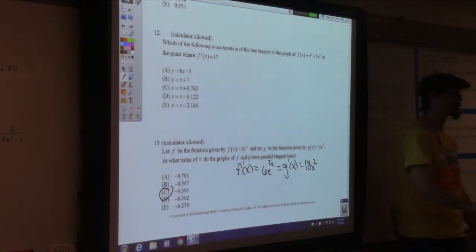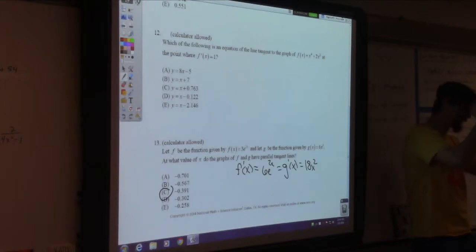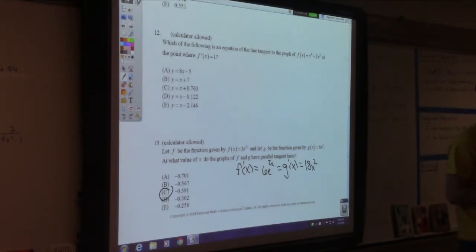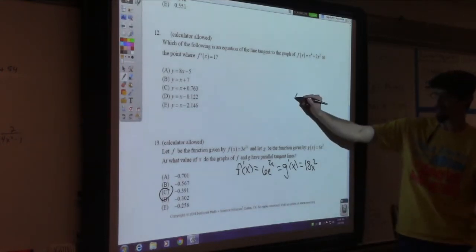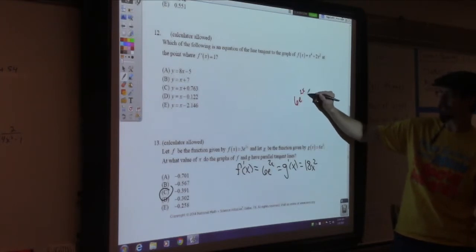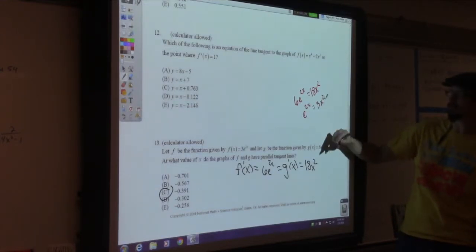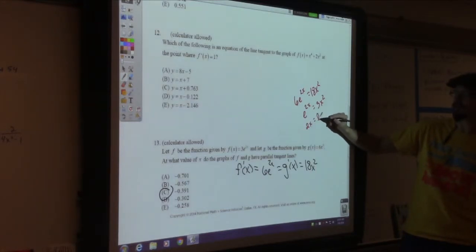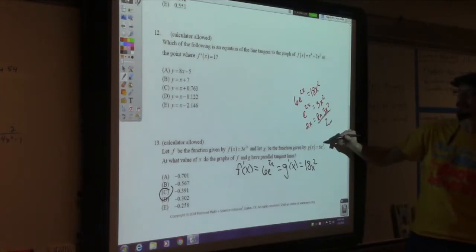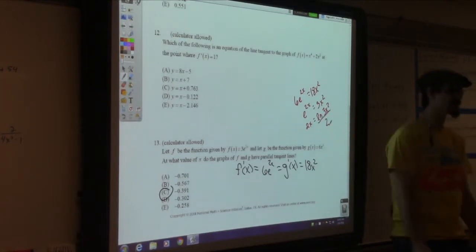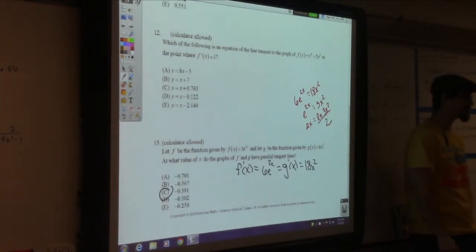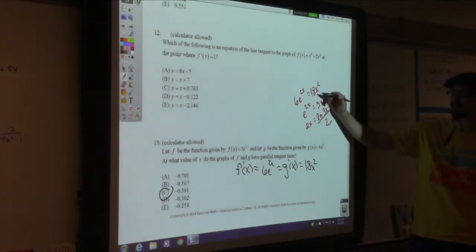One thing I do want to point out though, I've seen people make this mistake a million times on a question like number 13. They will go through, and they will start doing e to the 2x is equal to 3x squared, so then 2x is equal to the natural log of 3x squared, and divide that, and they will try to find what that x is supposed to be, and it makes me want to cry.